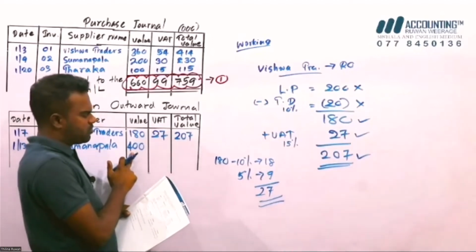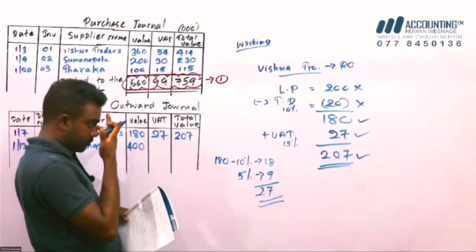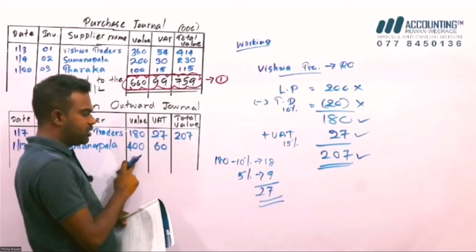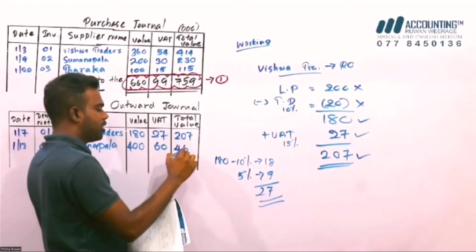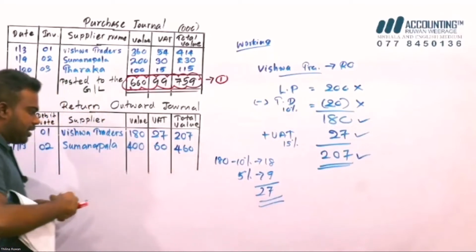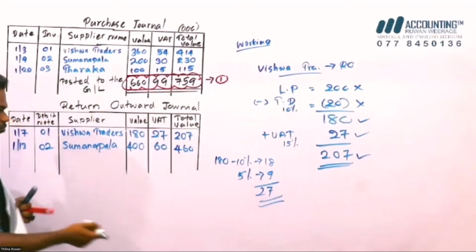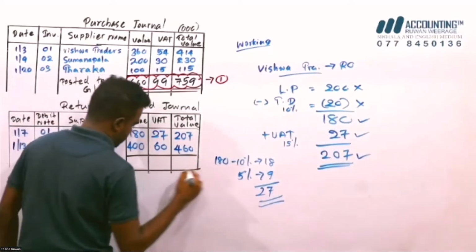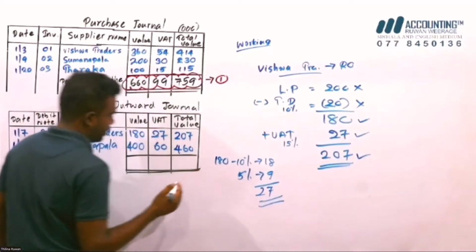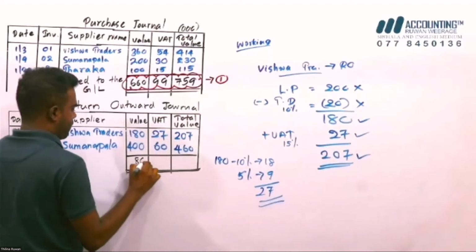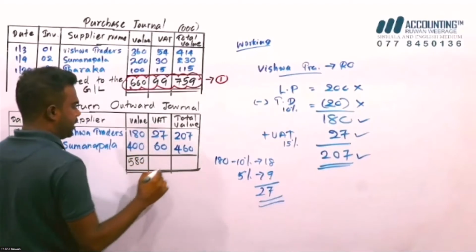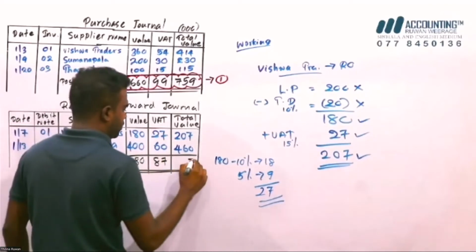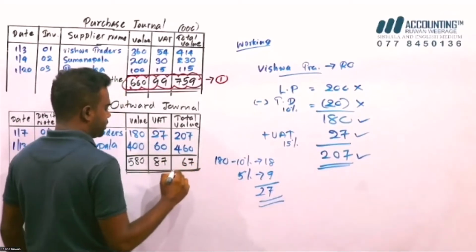15% how much? 60, no? 15% from 400 is 60, then 460 rupees. Then get the totals. 580, here 87, 66.